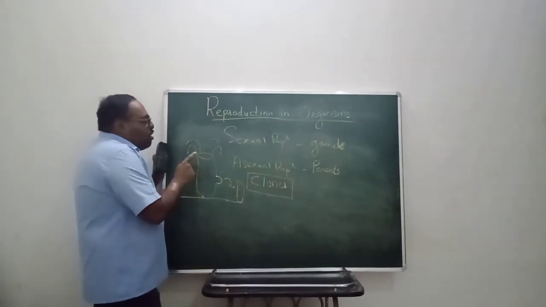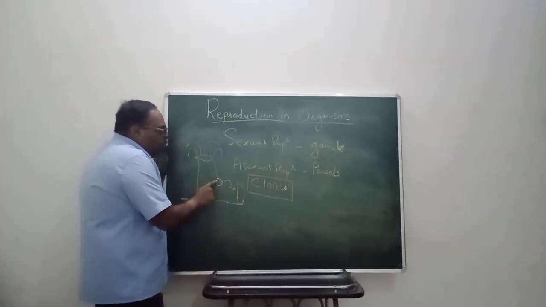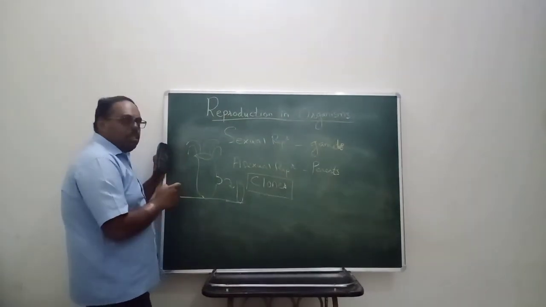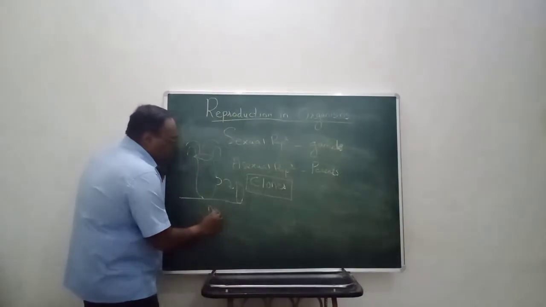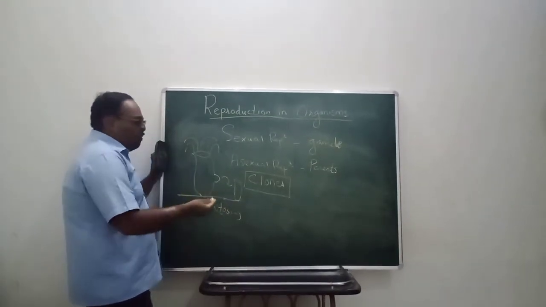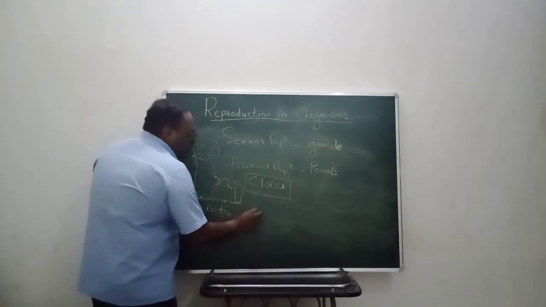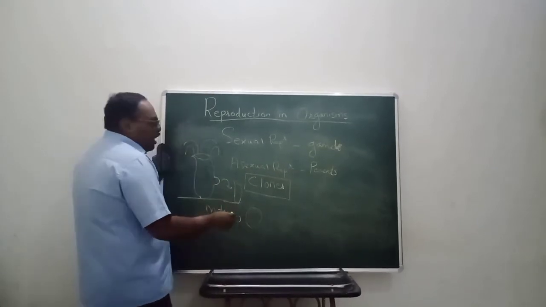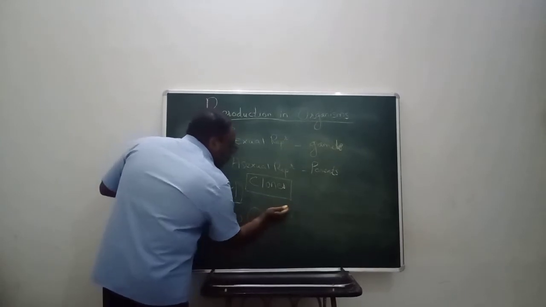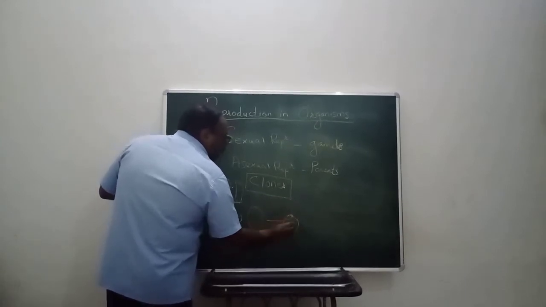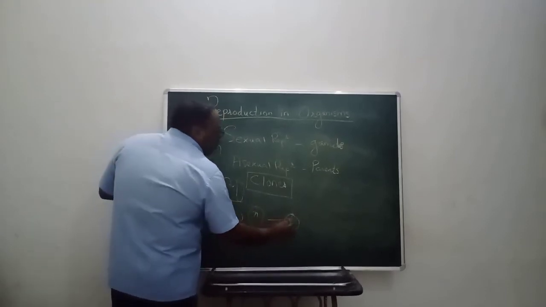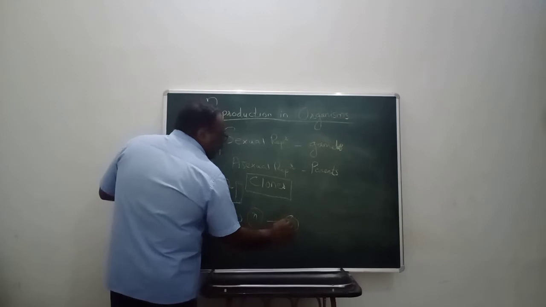So this process of budding is carried out by a cell division process known as mitosis. In mitosis, you know that if one single cell is there, that cell can divide equally. If this cell has n number of chromosomes, this also will have n number of chromosomes.